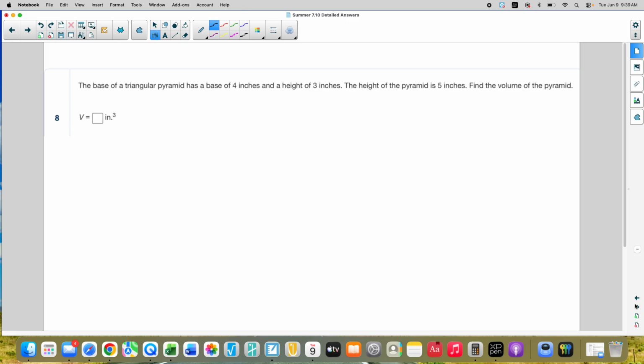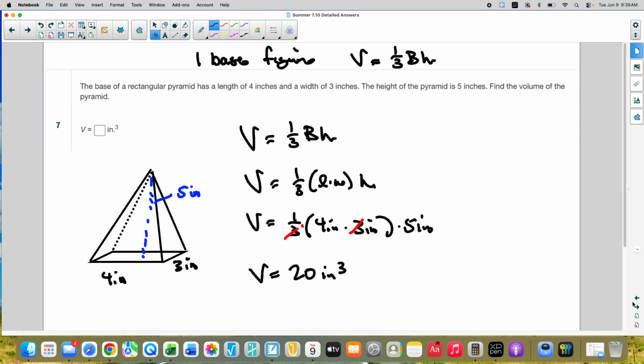The base of a triangular prism has 4 inches, 3 heights. The height of the... Is that the same question? Is that literally the same question? No. Must have changed something.